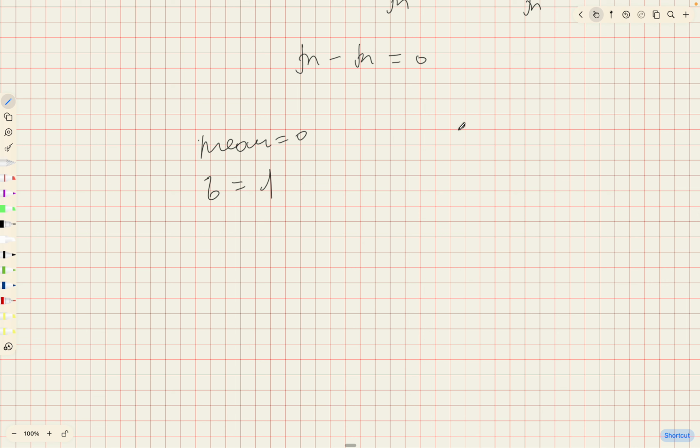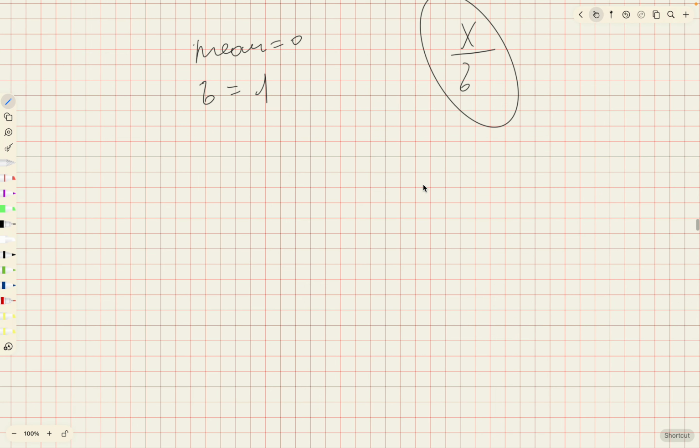So basically, we had a distribution of the random variable x, and when we divide every value of x by the standard deviation, the standard deviation of this distribution will be 1, and I'll tell you why.